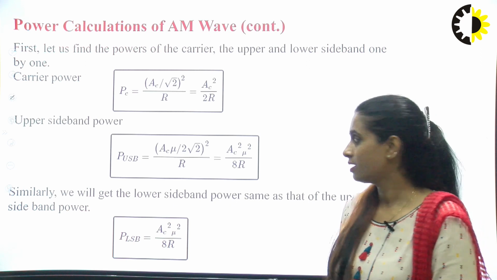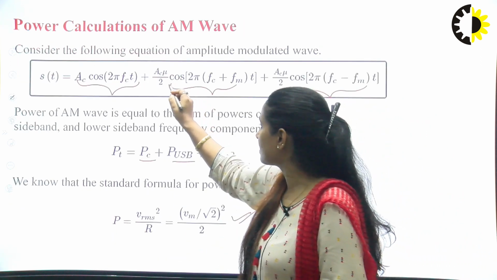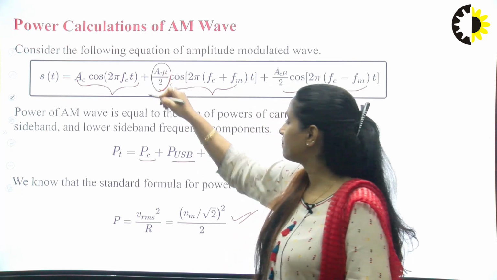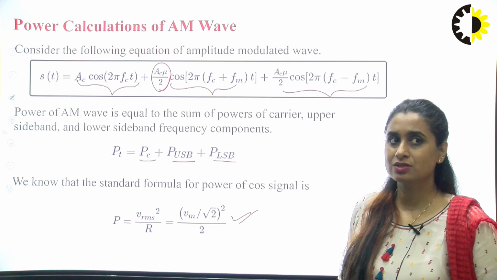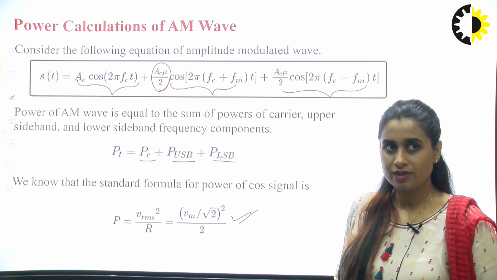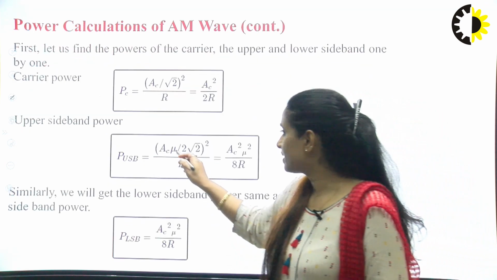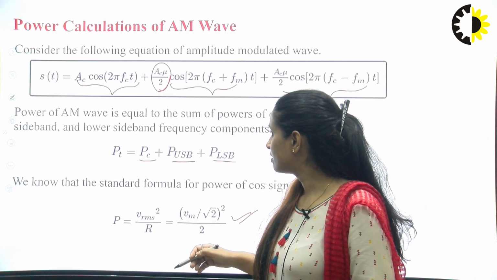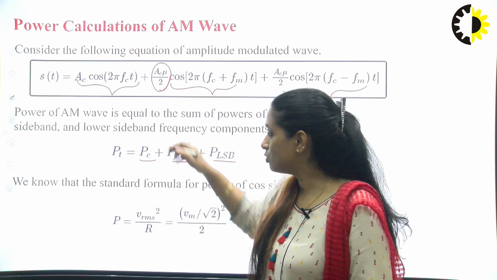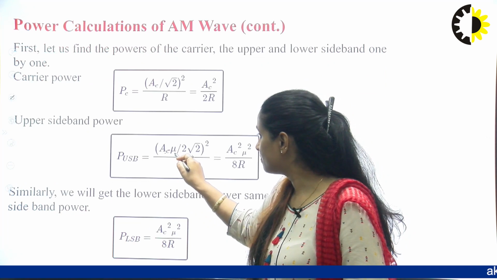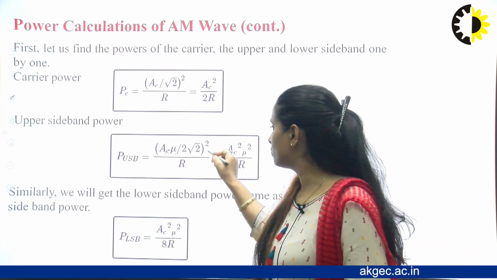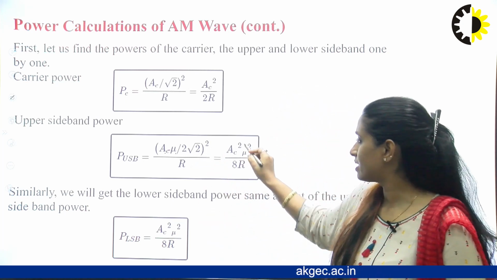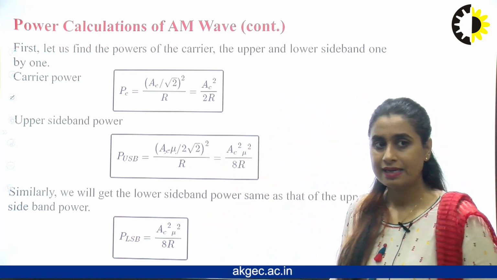Ac square by 2R. If I check the upper sideband part, let's see the coefficient of cos. That is the actual amplitude. I have to consider the actual amplitude, the voltage value. So it should be Ac into mu by 2. RMS value, so root 2 whole square by R. So this comes out to be Ac square mu square by 8R.